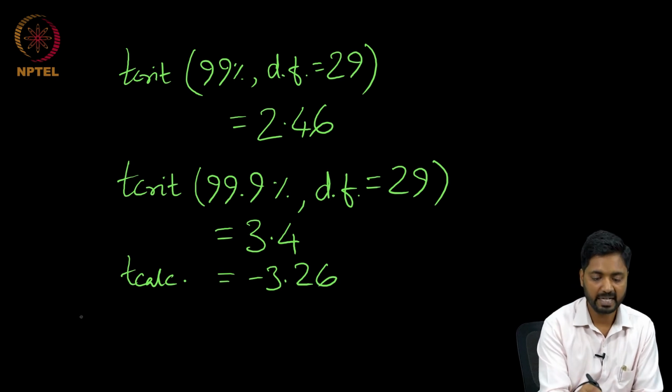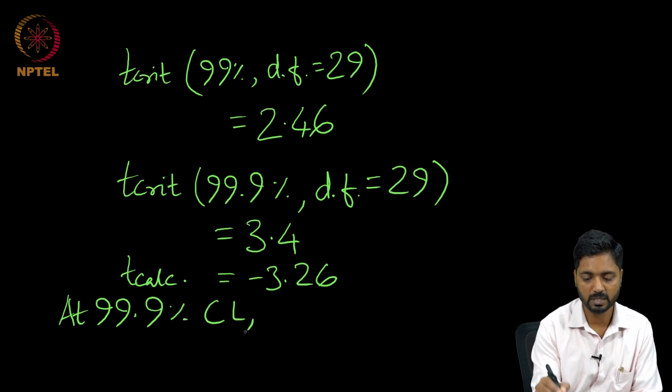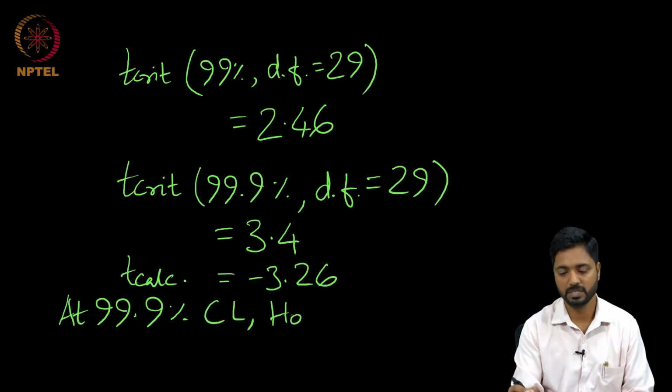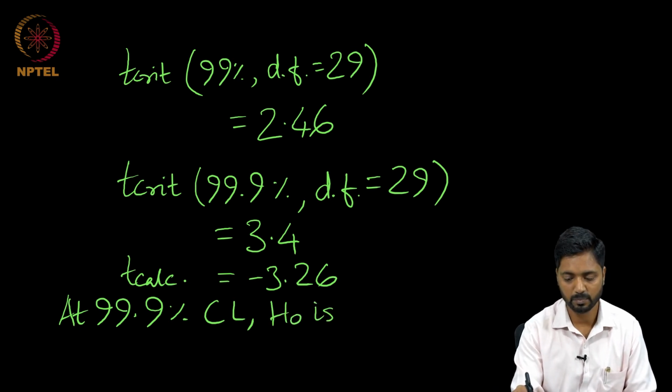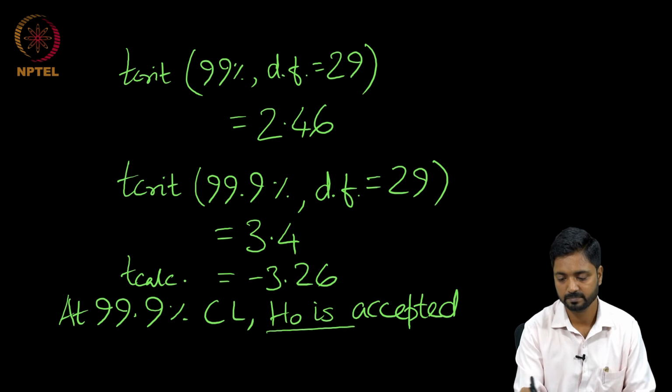So, at 99.9% confidence level, we cannot reject the null hypothesis, or in other words, the null hypothesis is to be accepted.